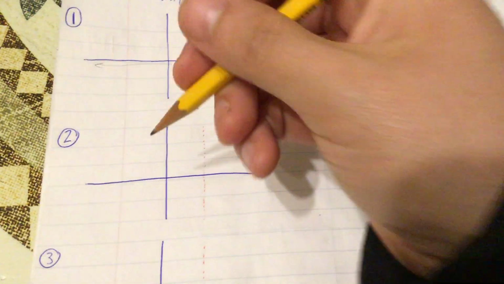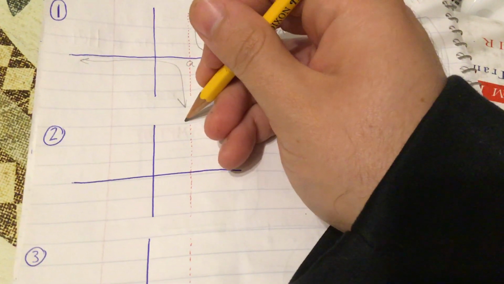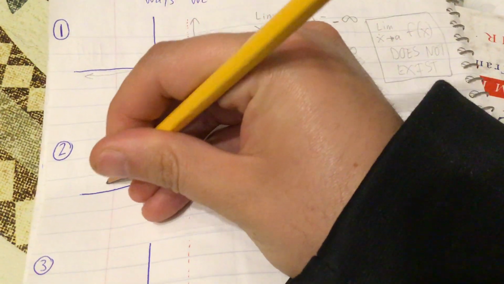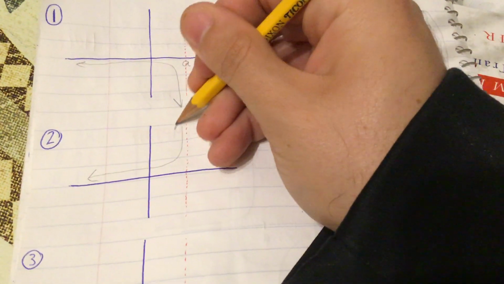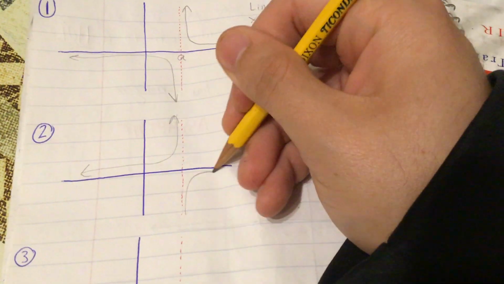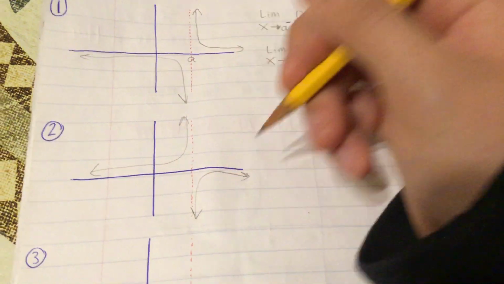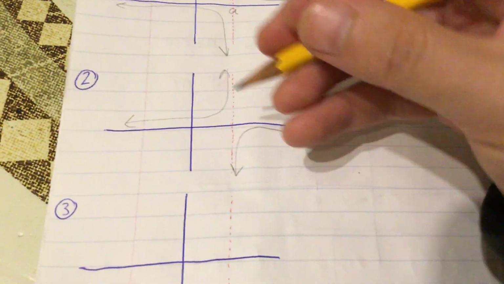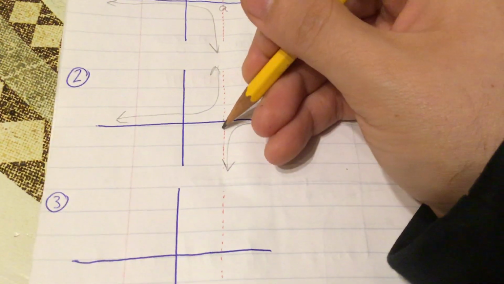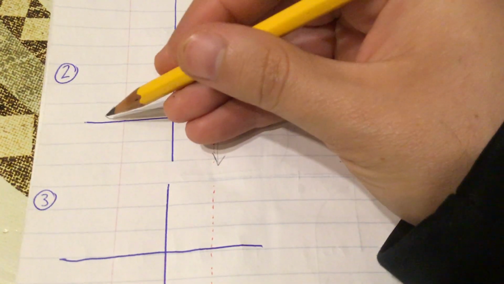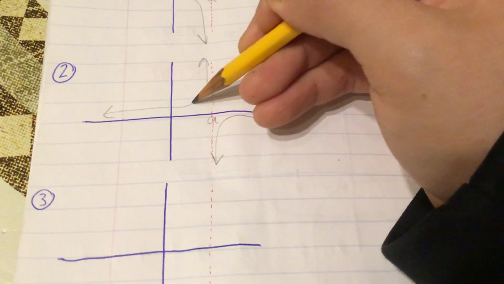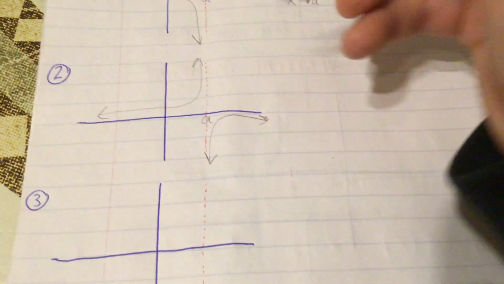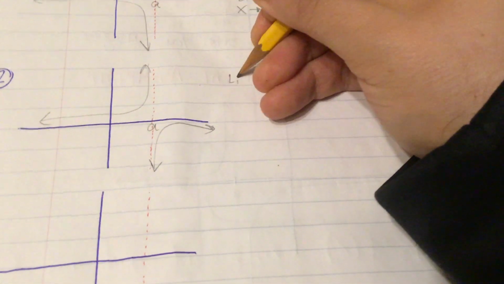Now, what if I just flipped it around? What if I did this instead? So, at x equals a, if I approach x equals a from the left side, it wants to go to positive infinity.